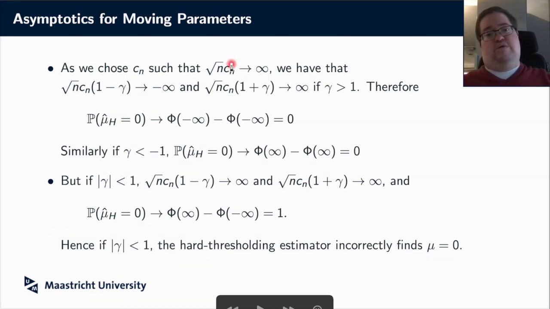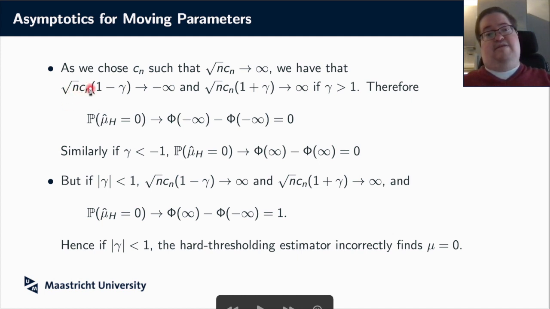Now we also know that we already chose Cn such that square root n times Cn goes to infinity. That's what we needed to have consistent selection. But that means that also here we have square root n times Cn going to infinity.